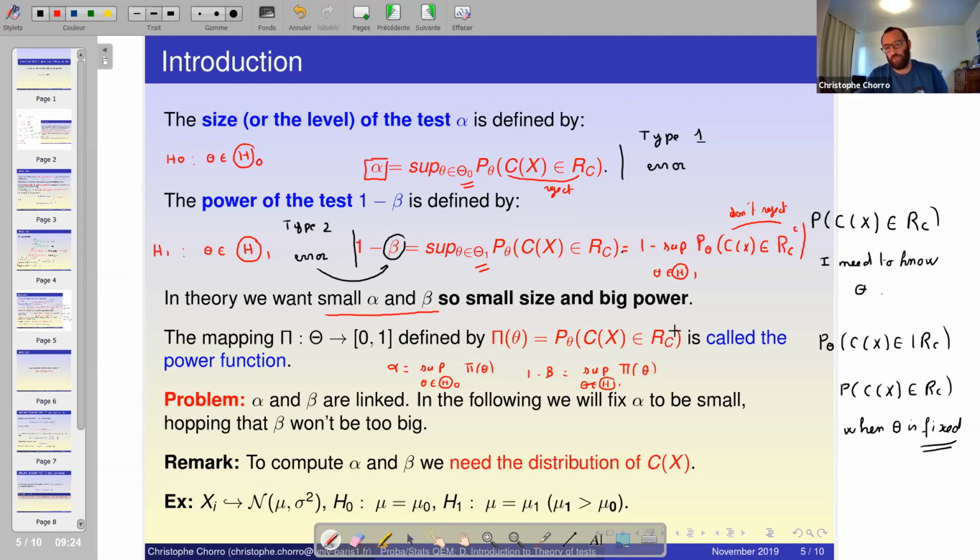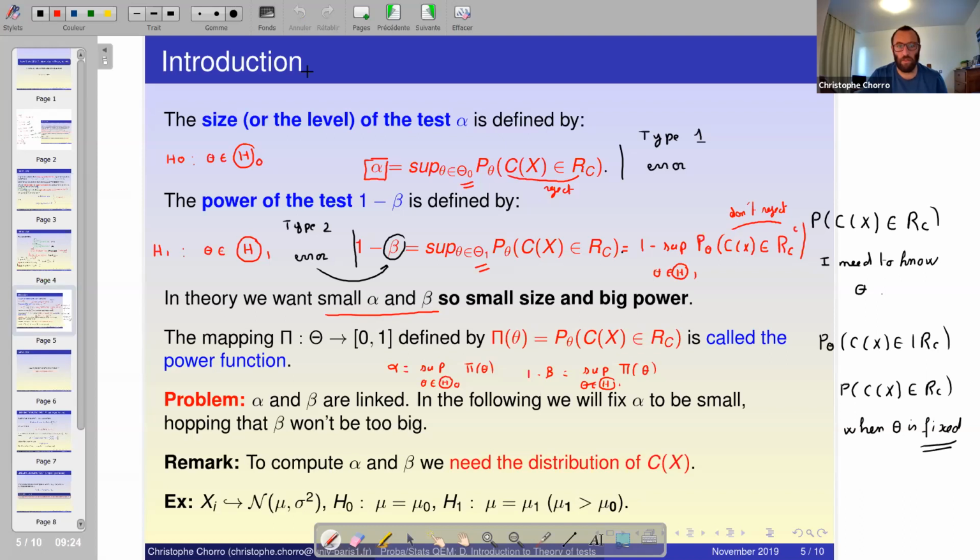Here you have something that is deterministic a priori, just a region of the R line, and here you have a random variable. If I want to compute this probability, it means that if I know theta, I have to be able to know the distribution of this one. So I need the distribution of the statistic if I want to perform this computation concretely. So it's what we are going to do in the following little example here.